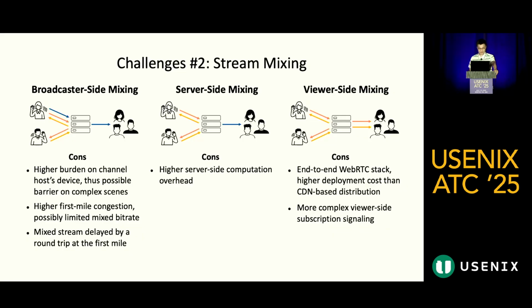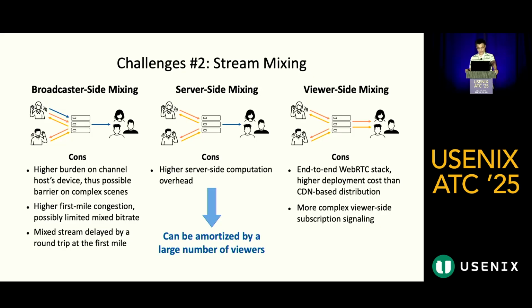In comparison, server-side mixing has higher server-side computation overhead, and that means higher cost on server machines. And then, viewer-side mixing may require us to implement end-to-end WebRTC stream forwarding. At least at the moment, that is usually more expensive than traditional CDN distribution.